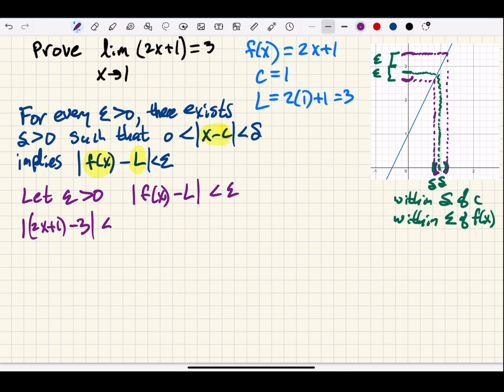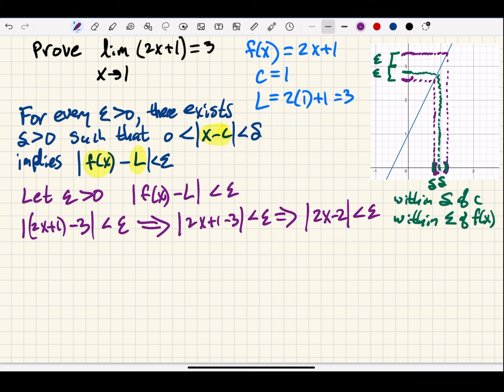So if that is less than epsilon, then the absolute value of 2x plus 1 minus 3 is less than epsilon, just removing parentheses, which implies then that the absolute value of 2x minus 2 is less than epsilon.